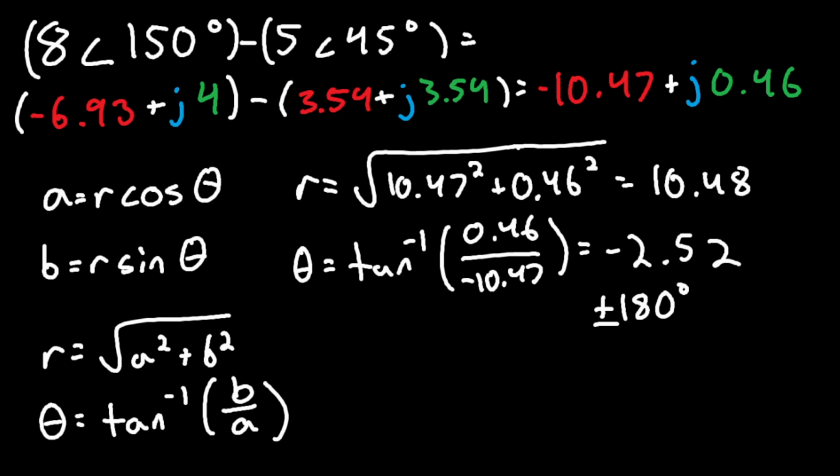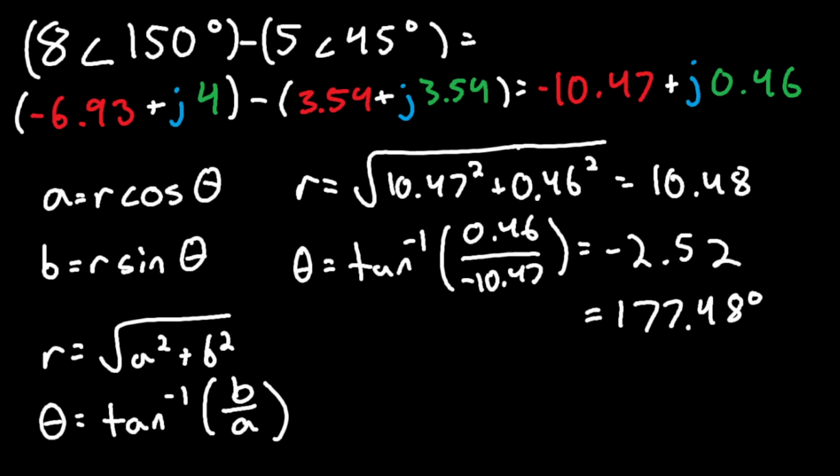I cover this more in depth in my rectangular coordinate to polar coordinate video. As a rule of thumb, if the real number is negative, after taking the inverse tangent, just plus or minus 180. So the real angle for this would be negative 2.52 plus 180, which is simply equal to 177.48 degrees. You could have subtracted 180 as well. Doesn't matter.